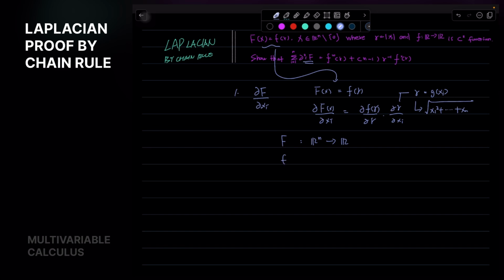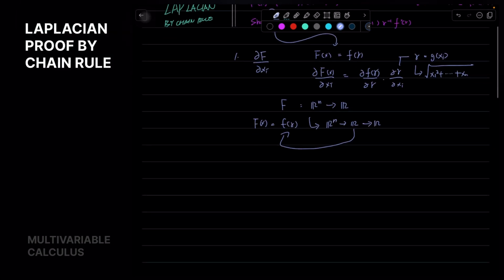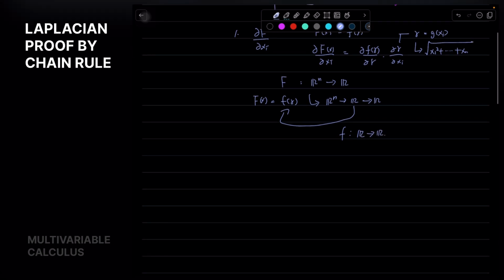And by using the relationship of f_x equal to f_r, we are actually designing an input space of R^n to R, which is this one, then to R. So this is why we see that this f is a real input to a real output.